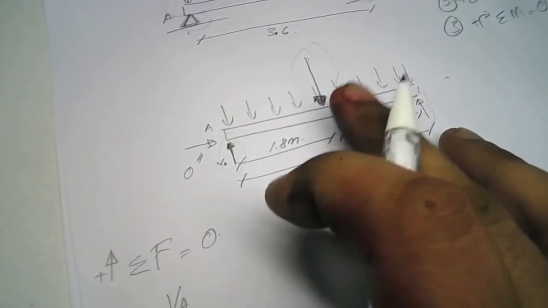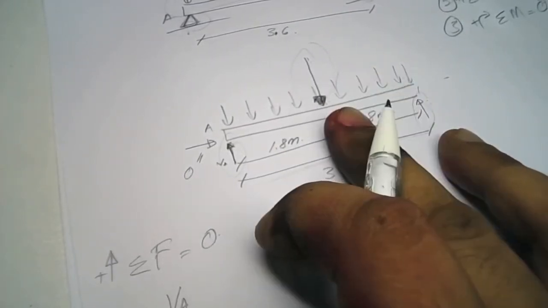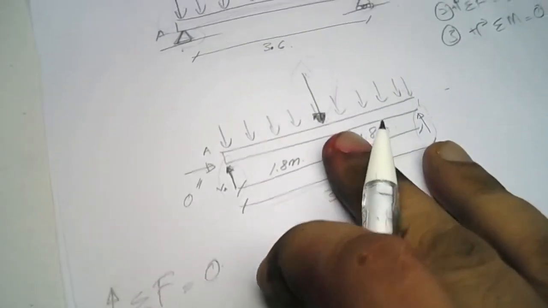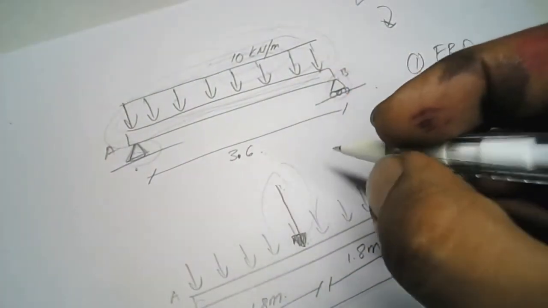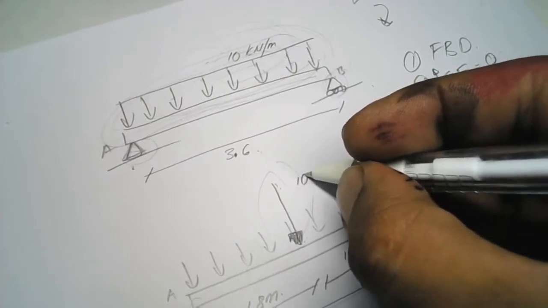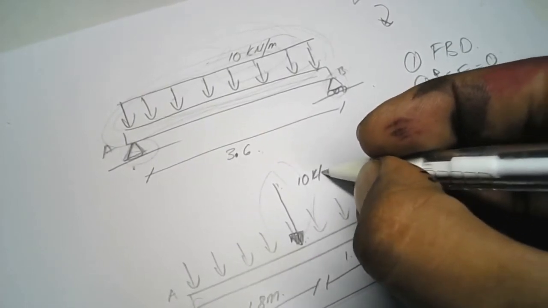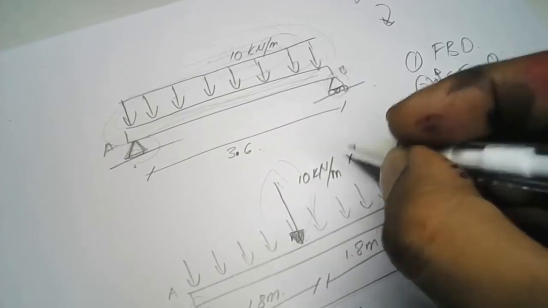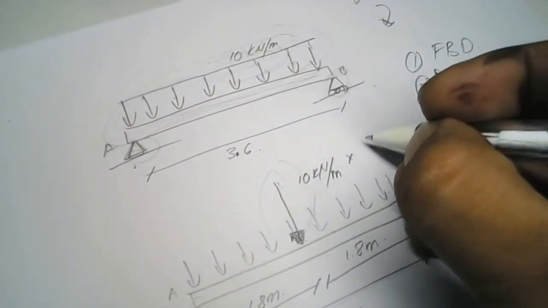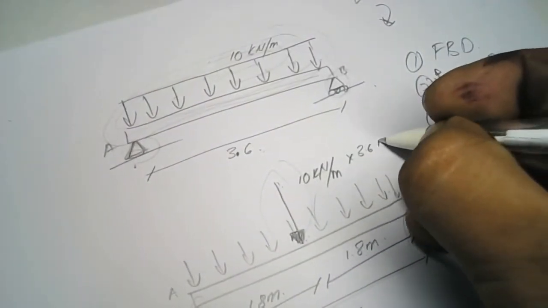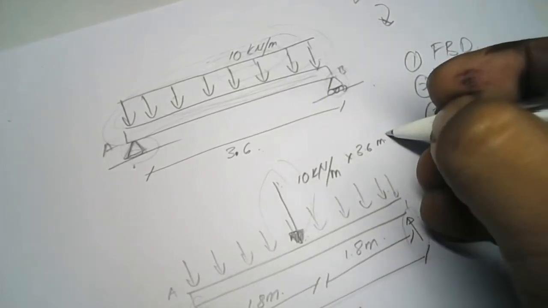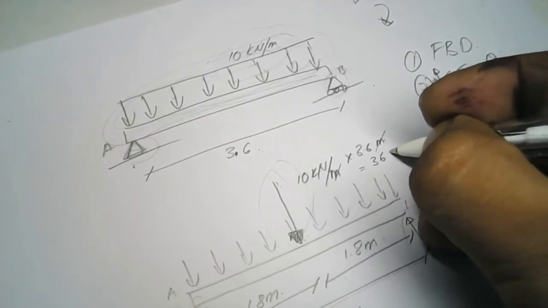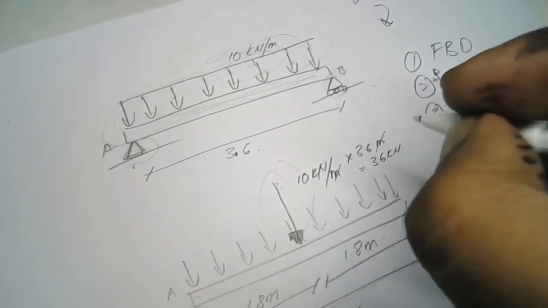The second one is the representative load. What's the value for the representative load? You just multiply 10 kilonewton per meter with the distance 3.6 meter, cancel the meter, and you get 36 kilonewton.